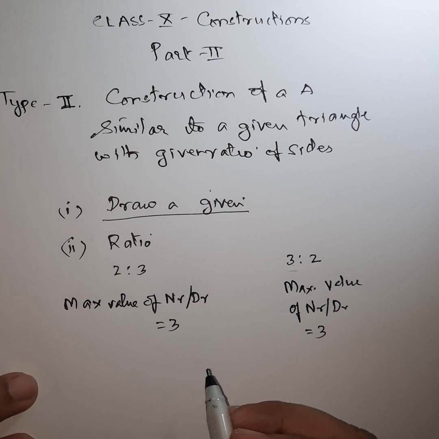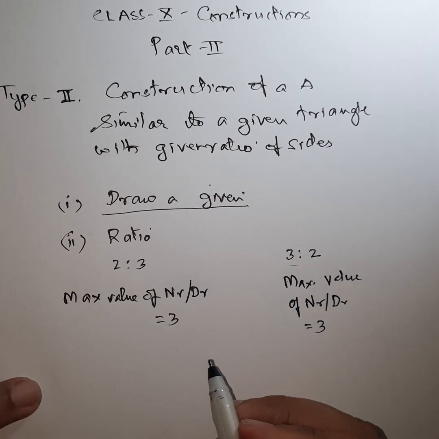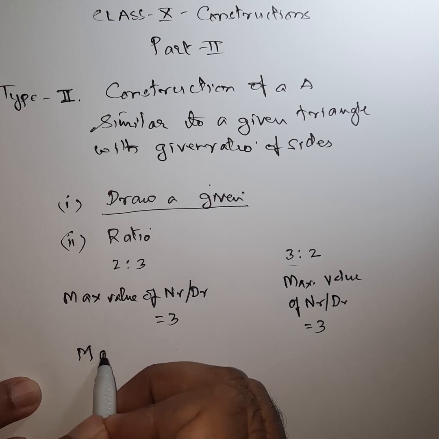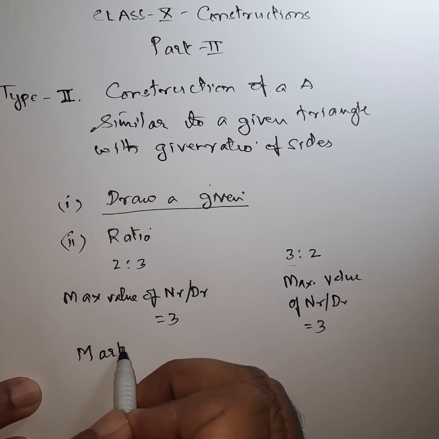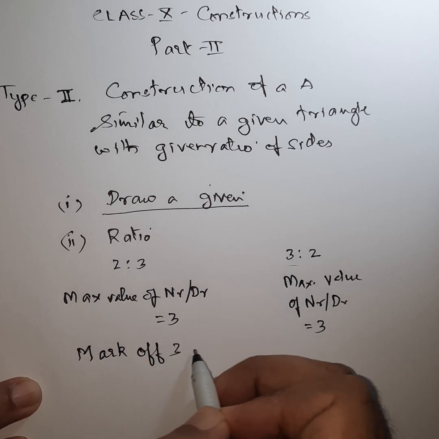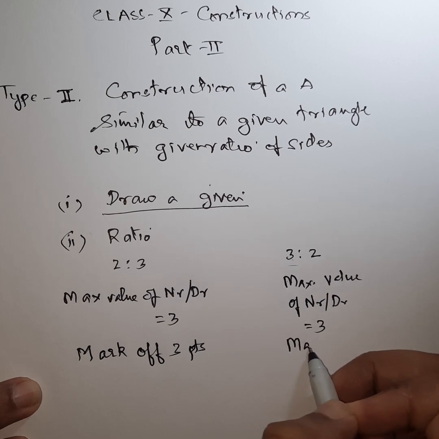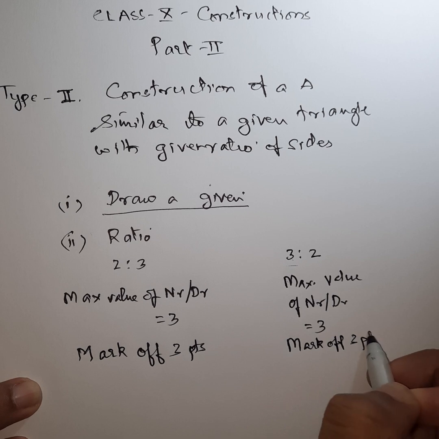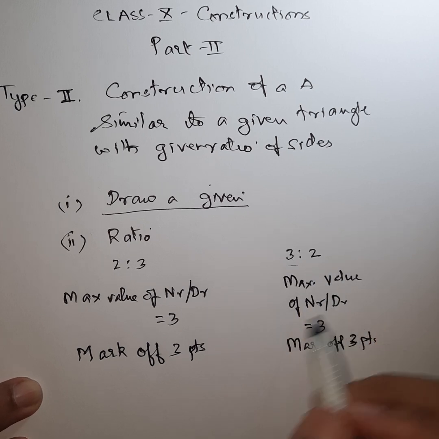So whatever is bigger, either numerator or denominator, you have to just remember these points. Whenever we do the question, I will explain it better. So mark 3 points, and here also we have to mark 3 points, because 3 is the biggest value out of these two.